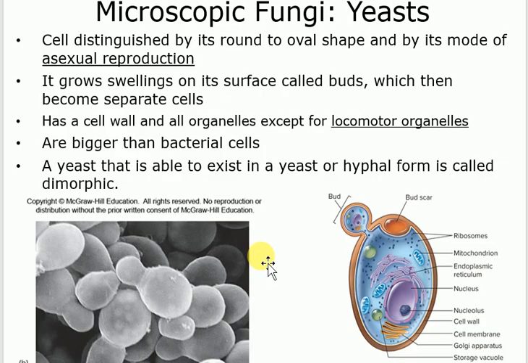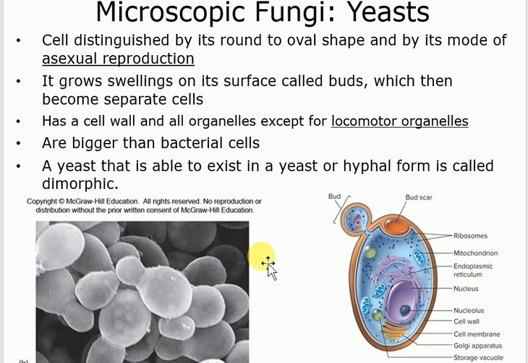Okay. The next type is the yeast. And is the yeast filamentous shaped? No, it is round or oval or ovoid, like kind of oval. Of course, it is asexual. The way they divide is usually by budding. When you see buds, remember yeast.